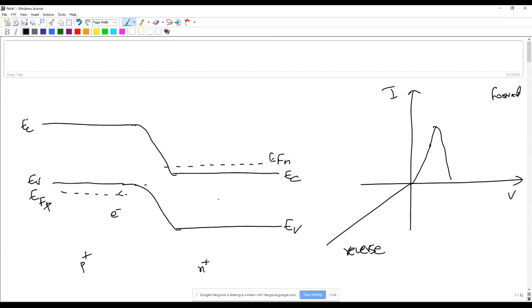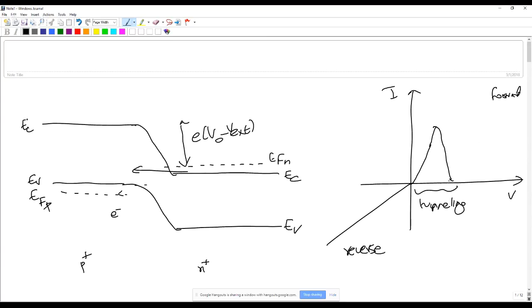Now I have a situation where tunneling is no longer possible because EC is above the valence band edge. So your tunneling drops and then it reaches a minimum. But further conduction is still possible because your barrier height is also decreasing. Remember, this is V naught minus V external. So tunneling is no longer possible. This region is basically where you have tunneling.